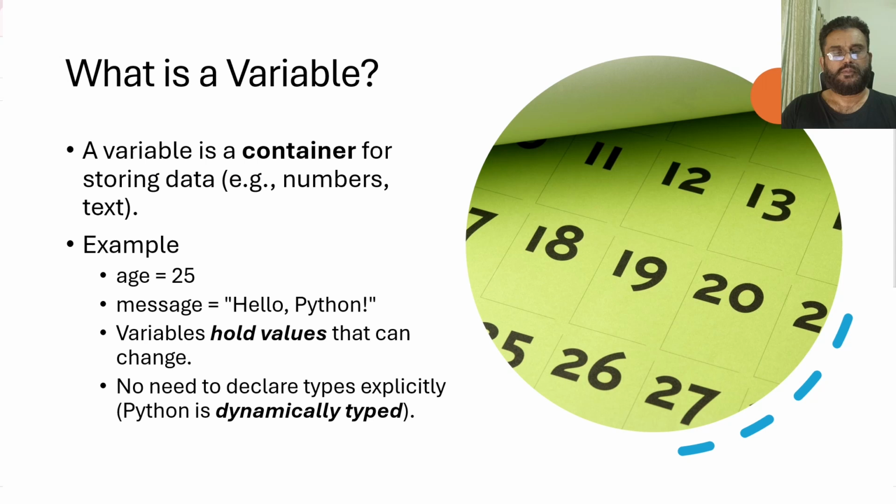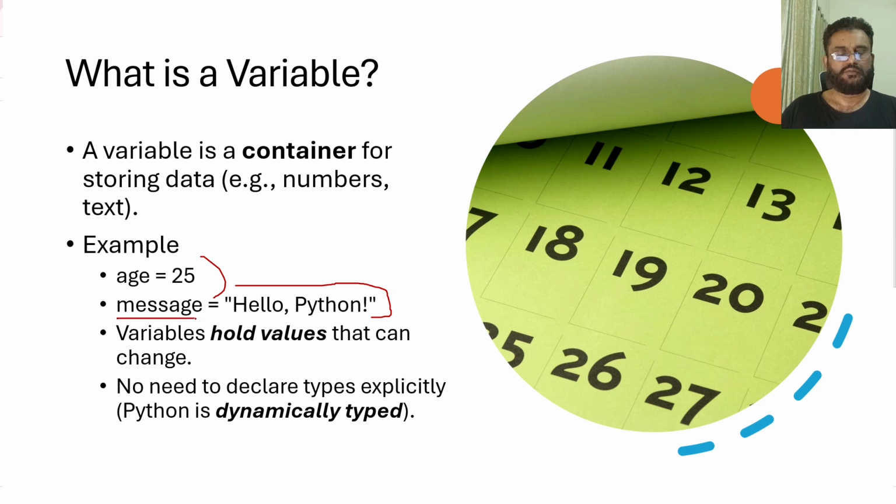So what do we mean by a variable? A variable is simply a container which stores data like numbers and text, and examples can be like age equal to 25, or if you want to store a string like hello Python, you can also store it in a variable.